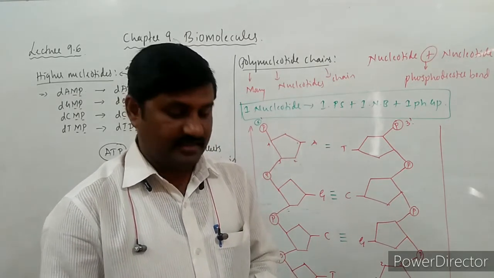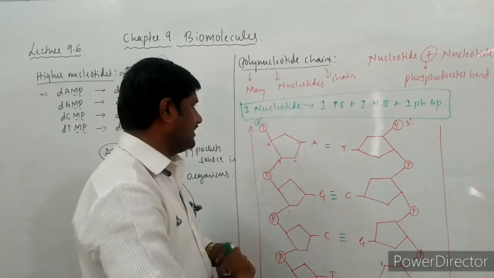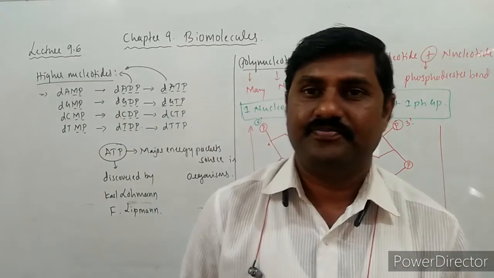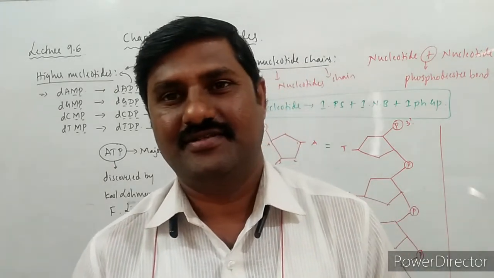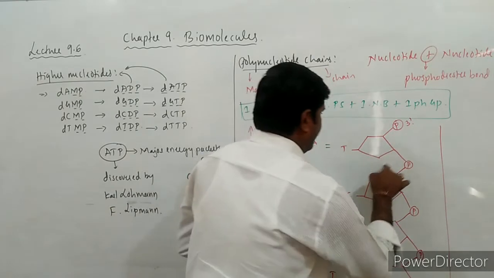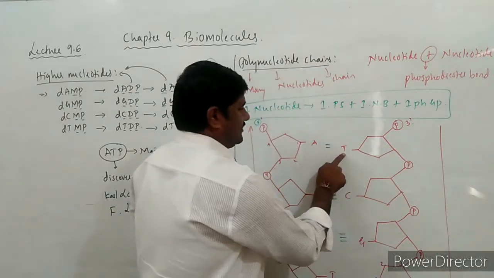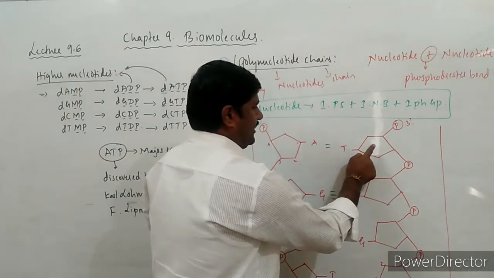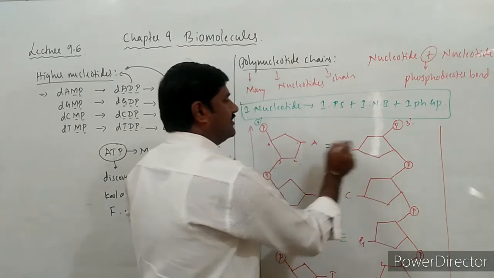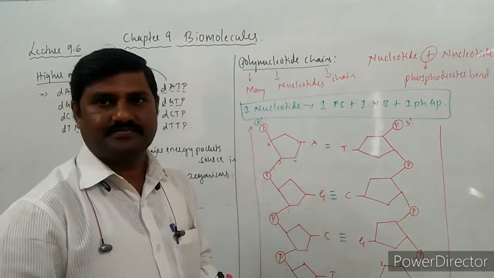So what are these DNA as well as RNAs? These are nothing but heteropolymers of the nucleotides. There are different nucleotides that we come across. What is this nucleotide called? Thymine is there, pentose sugar is there, one phosphate group is there. What is the name of this nucleotide?